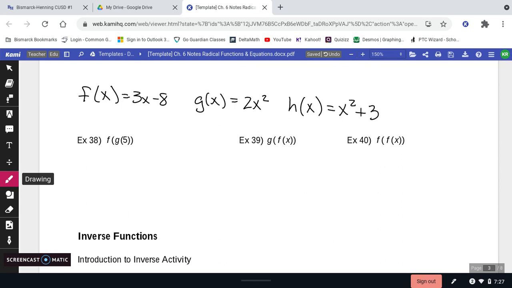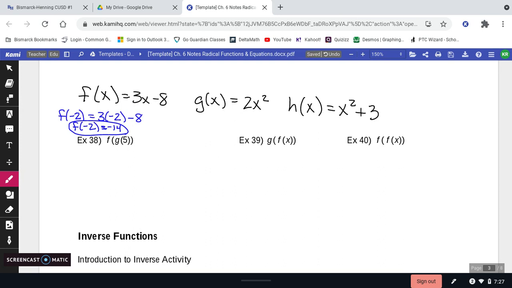If I ask you to find f of -2, then you would take -2 is what you're plugging in for your variable x, and then you would just use order of operations to simplify. So this would be -6 minus 8. So f of -2 equals -14. Or when you plug in -2, -14 comes out.